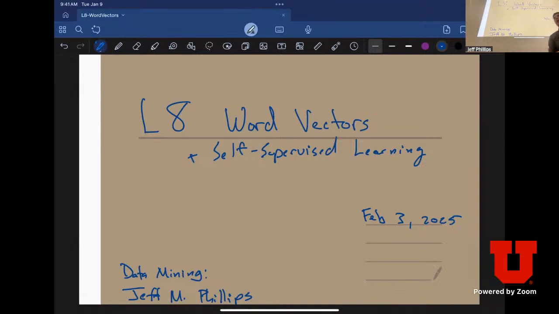I will explain this in the context of word embeddings, but I'll try to give pointers to how this has had influence in a lot of these other areas.